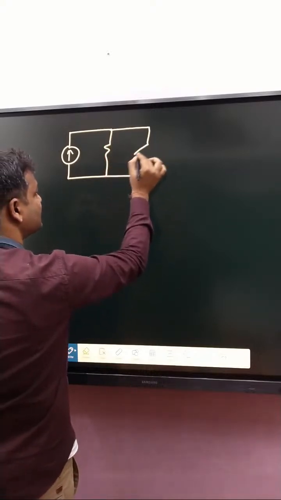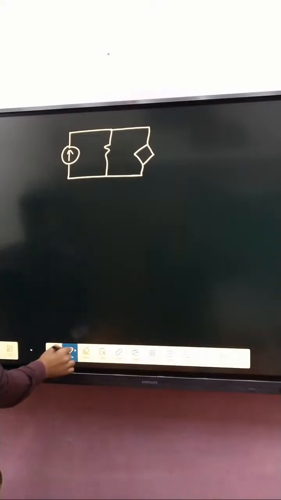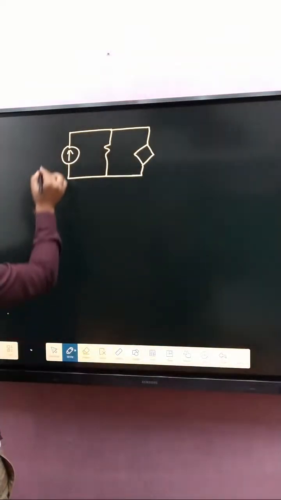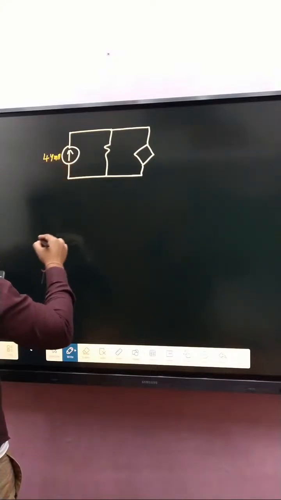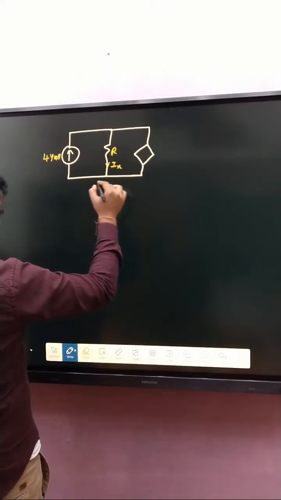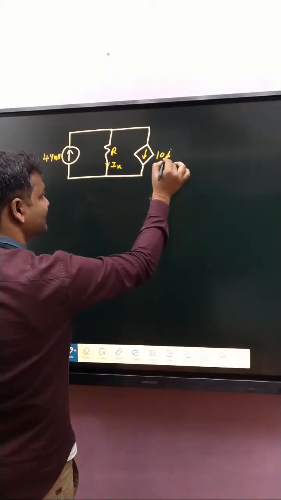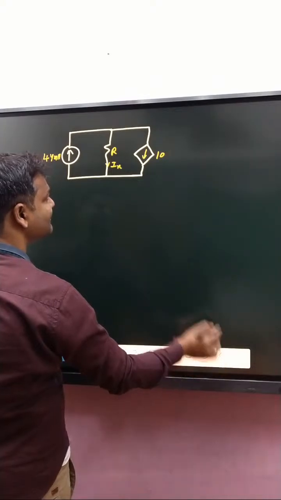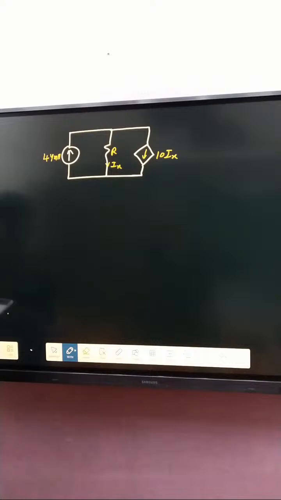Another current source is given like that one. That is 44 milliampere, and that is R, and the current is Ix. And that one is 10 Ix.